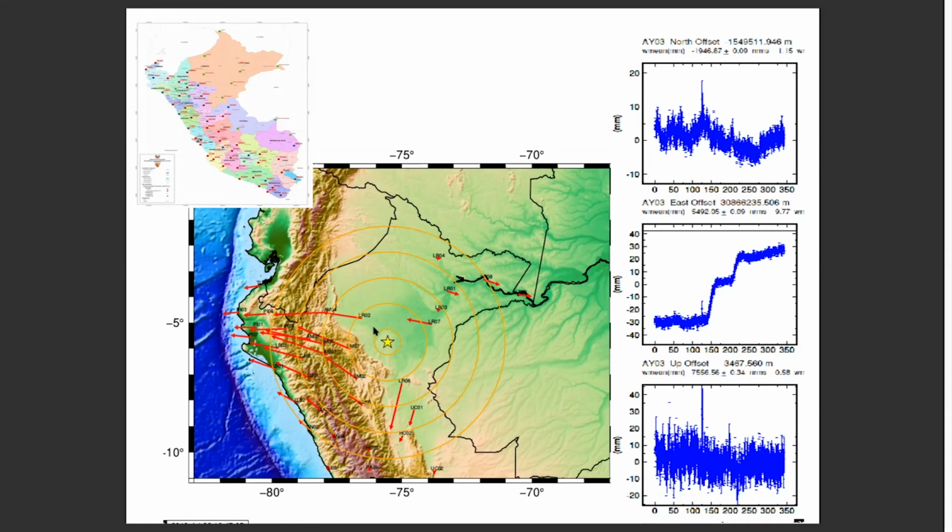This station is affected by this focus. Here, up, no problem. And this is the computation for the earthquake.